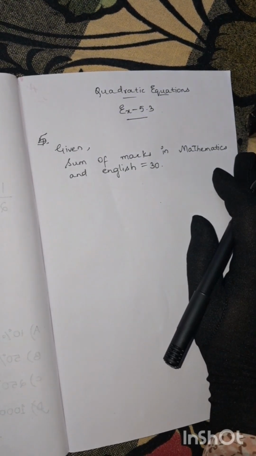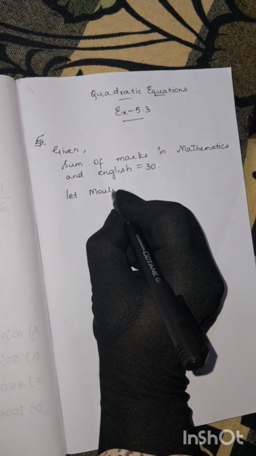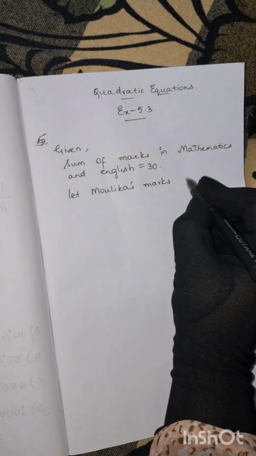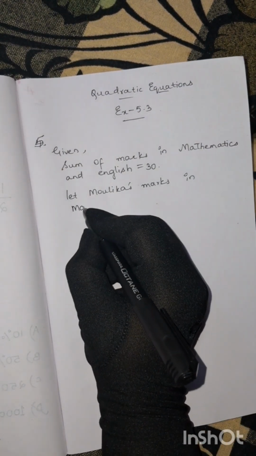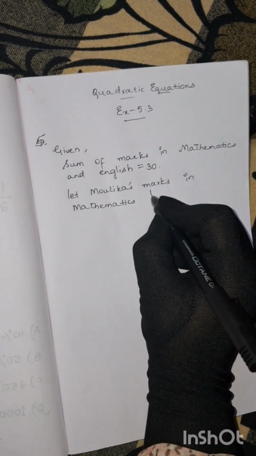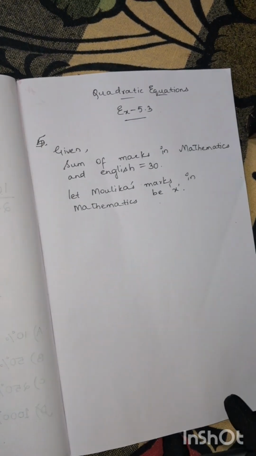Let Molika's marks in mathematics be x. So we are assuming the marks of mathematics as x.